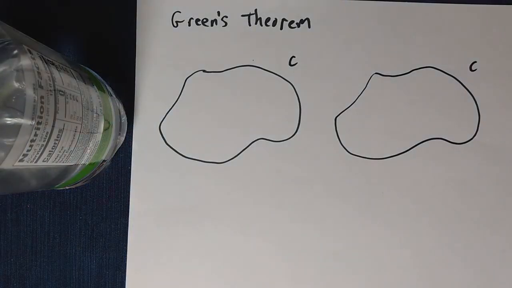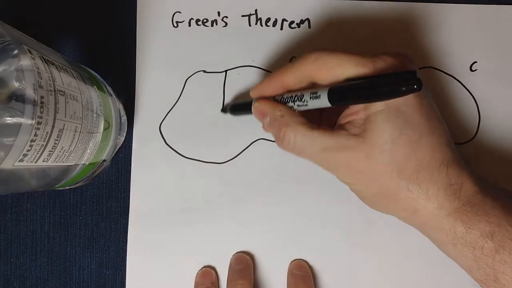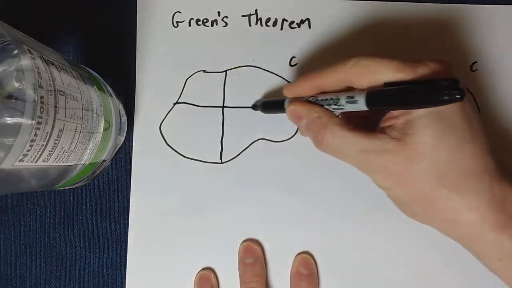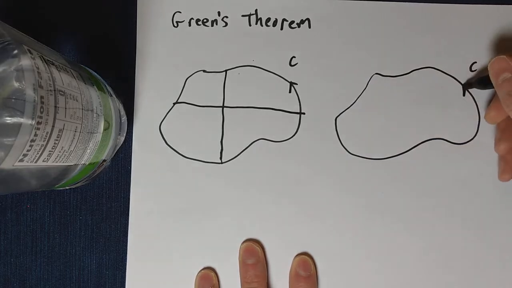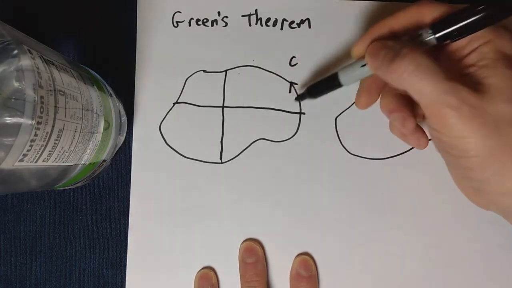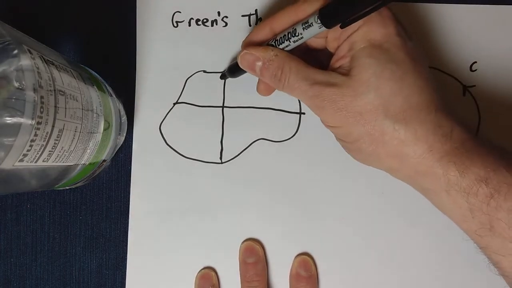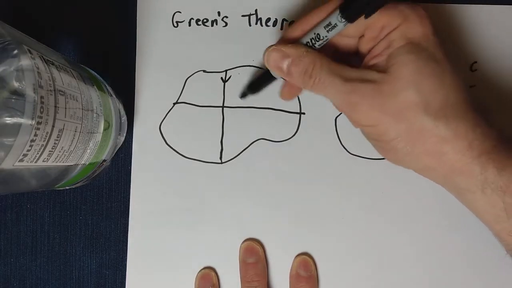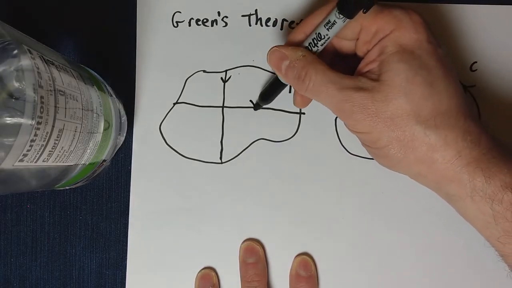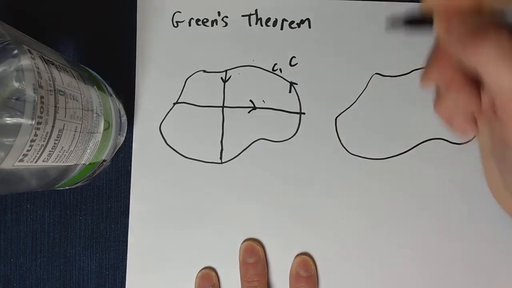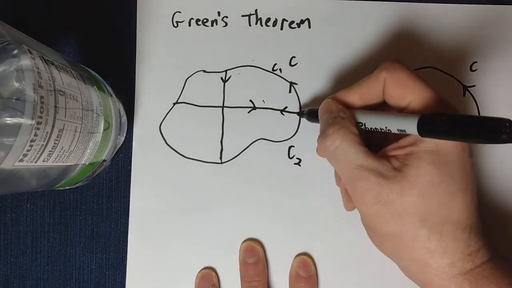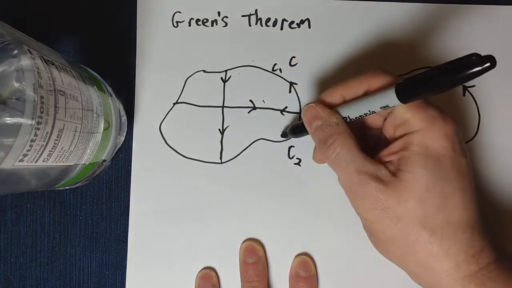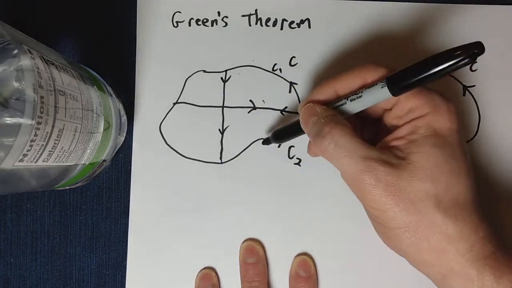What if we subdivide into 4 regions around the positively oriented curve C? So in order to keep the curves positively oriented, we're integrating around this way for, let's call this C1, and then C2 down here must have this orientation in order for the orientation to be positive.